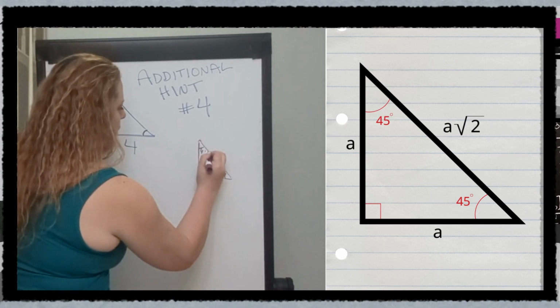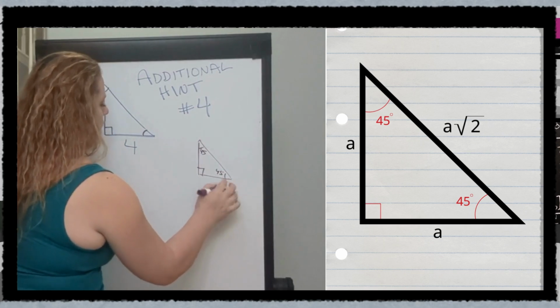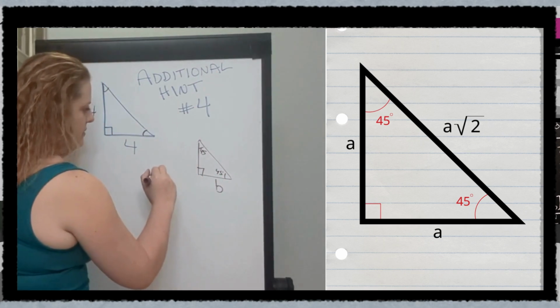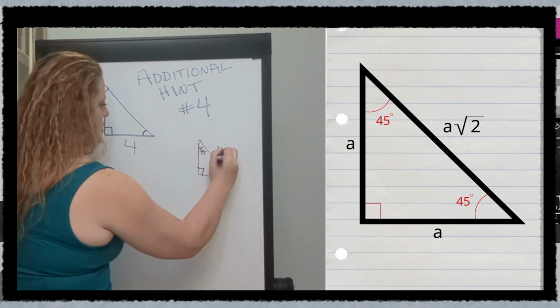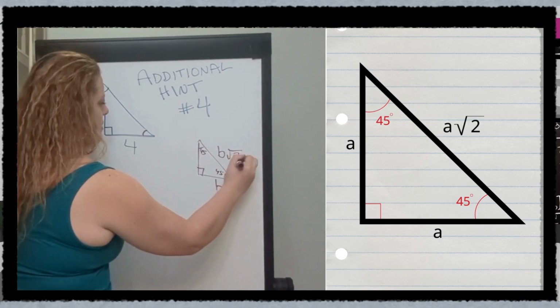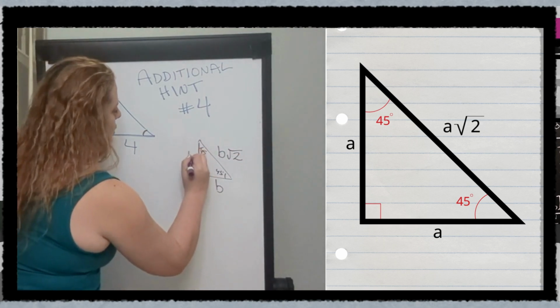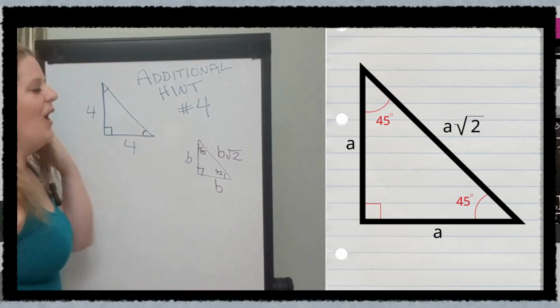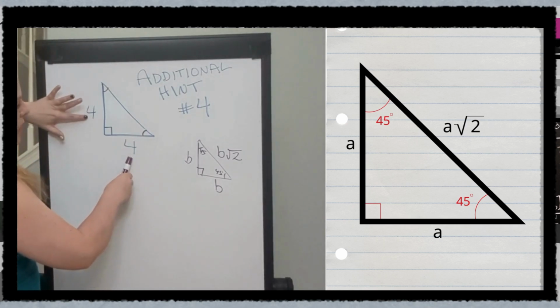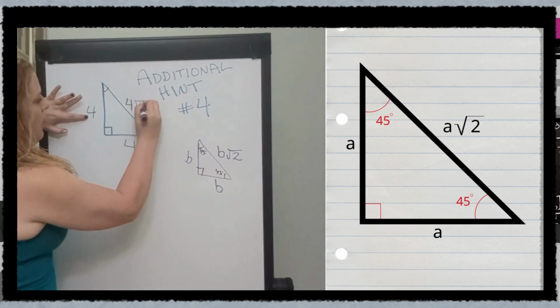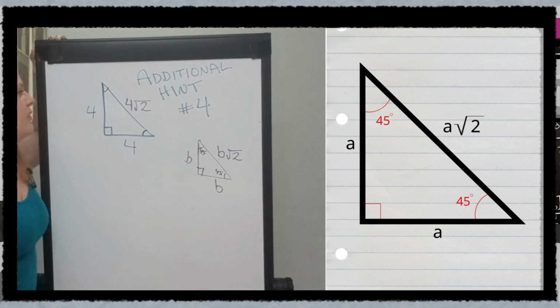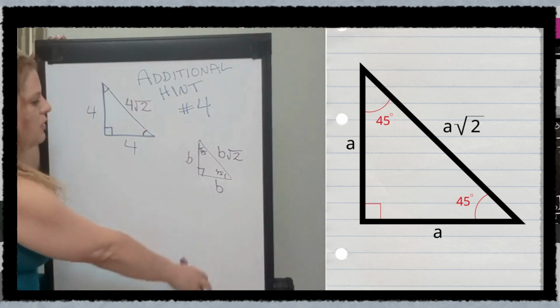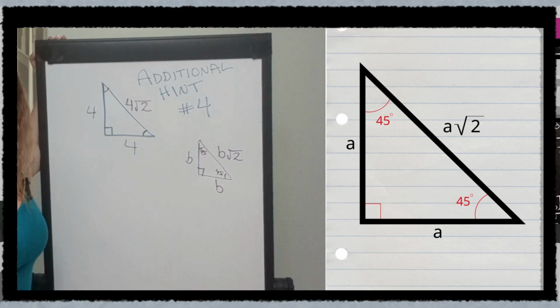If these are both 45, then whatever your base is, your hypotenuse is your base times the square root of 2, and your other leg is congruent or equal to your base. So in this case, if we had a 4 and a 4, that means my hypotenuse is 4 square root of 2. This is your hint because in number 4, we're going to come across a situation that deals with this exact thing. So make sure you know your 45, 45, 90s.